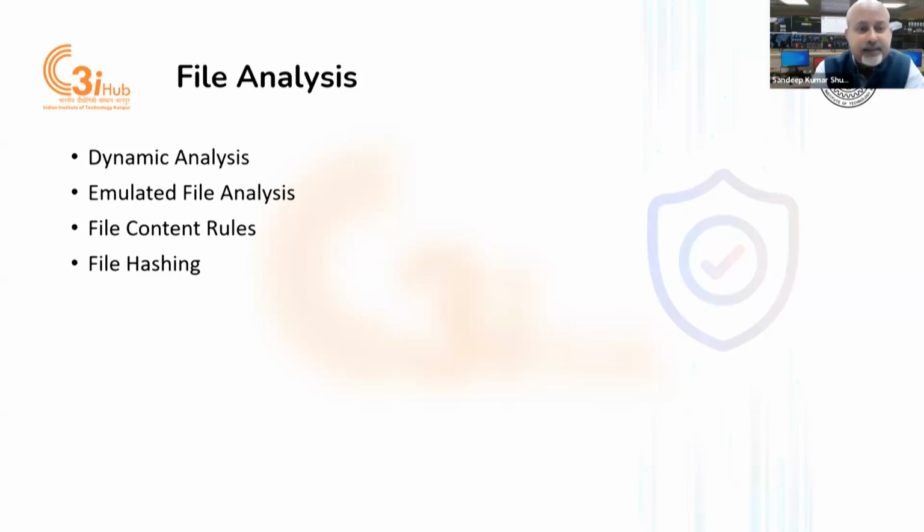Emulated file analysis could be another one, where you use an emulator instead of a virtual sandbox, so you can emulate the execution. File content rules: you may have rules like YARA rules.